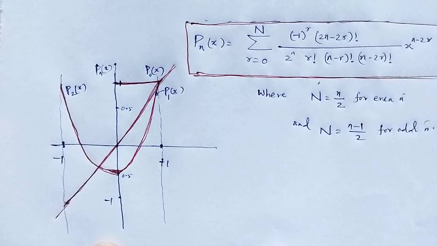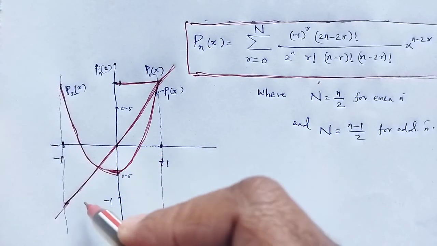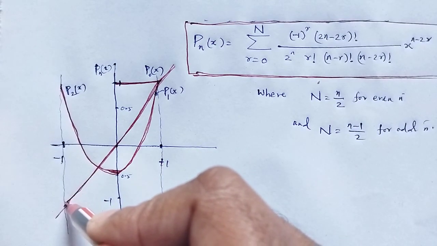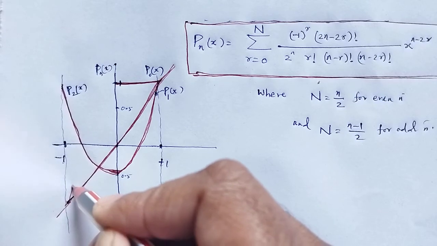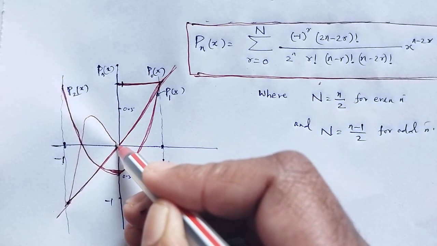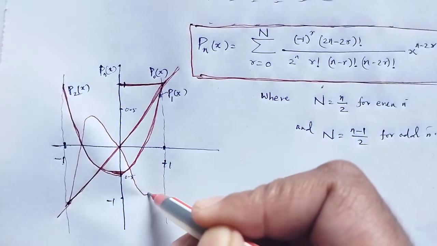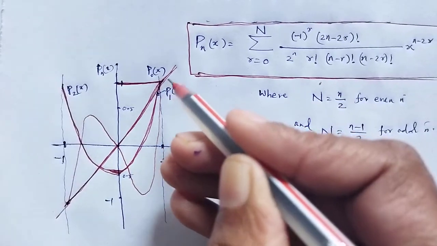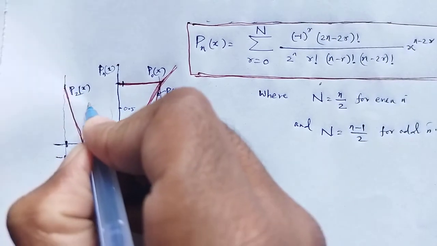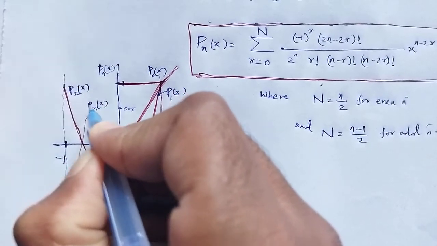Then P3x continues like here. This is the graph of P3x.